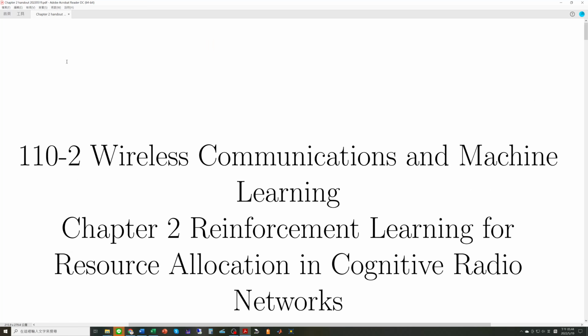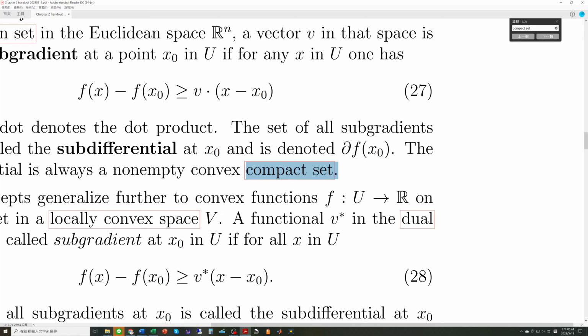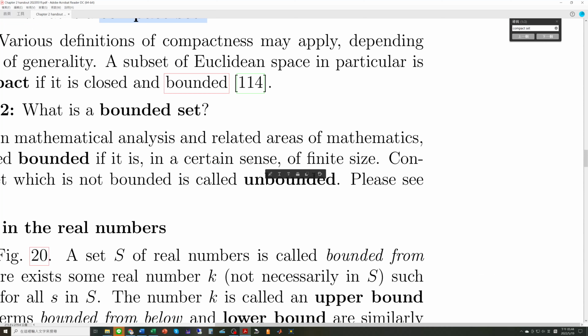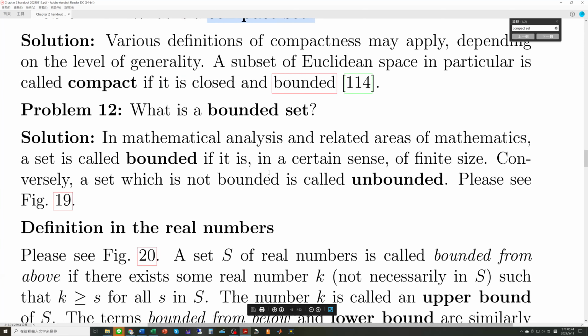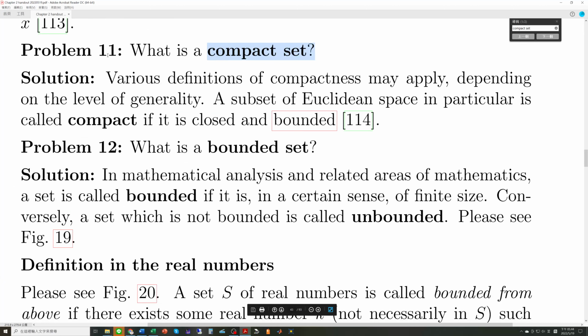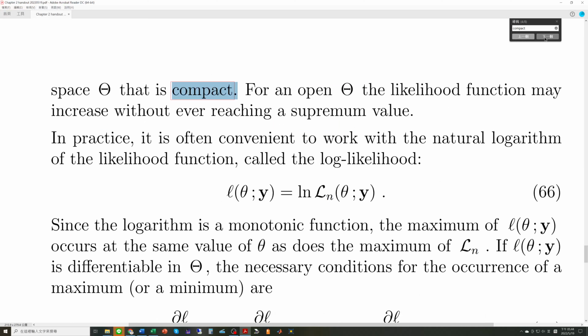Let me show you. Compact set, here, problem 11. What is a compact set? However, compact space is another concept, and I will introduce it later.